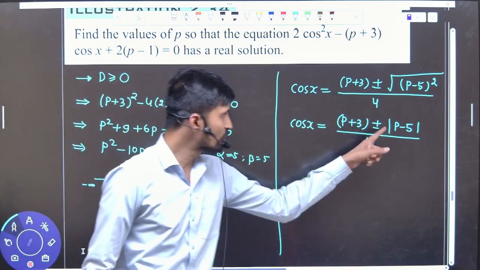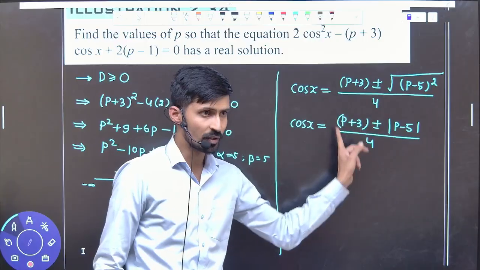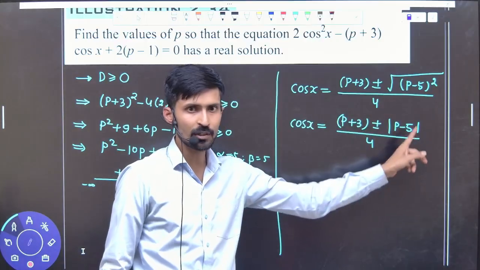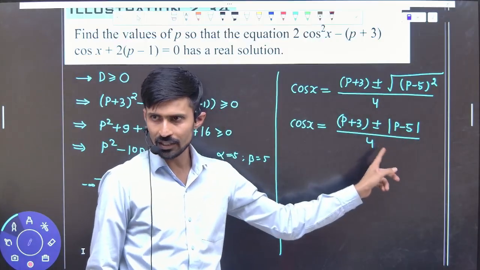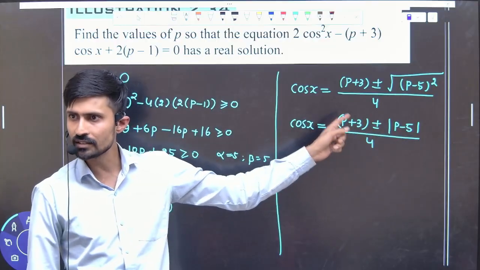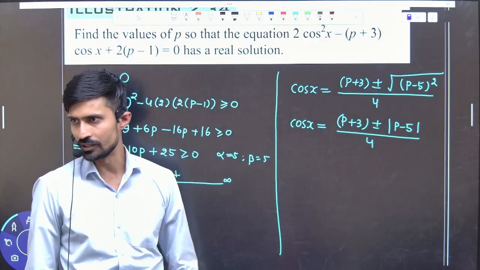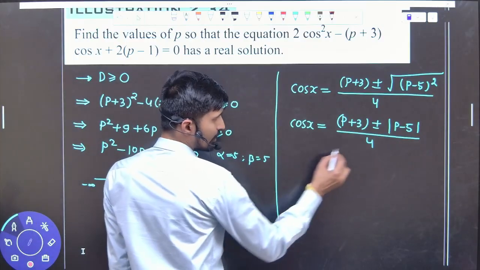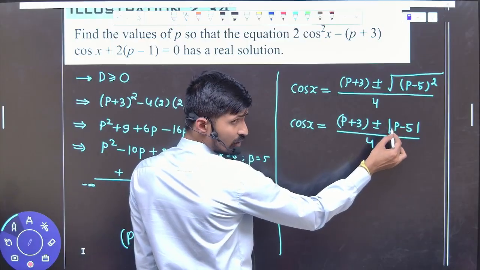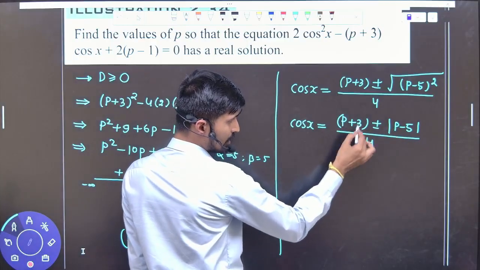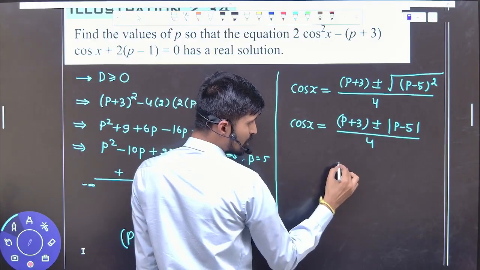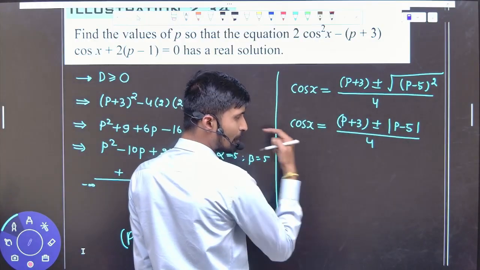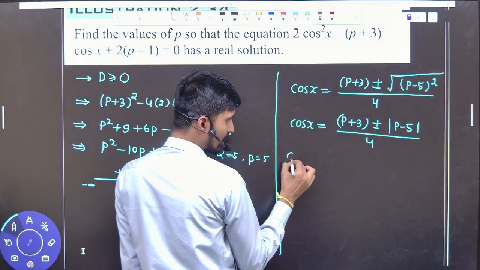Now this value should lie between minus 1 and 1. Only when this value lies between minus 1 and 1 can we say cos x will have some solution. So first of all, this is mod and this is p plus 3, and this value should lie between minus 1 and 1. So first I am going to remove the mod here. So I am taking case 1.